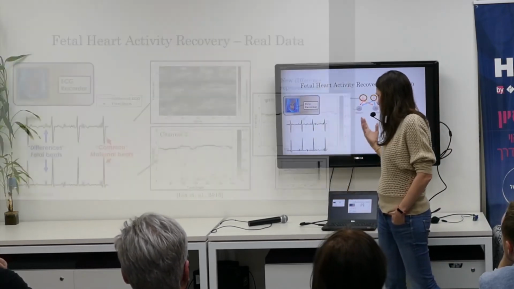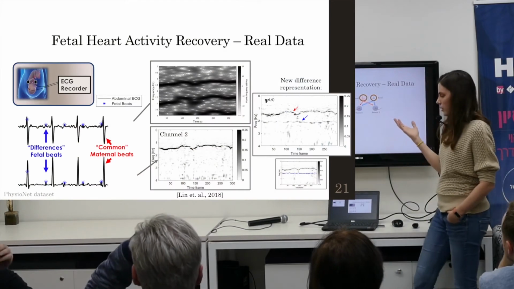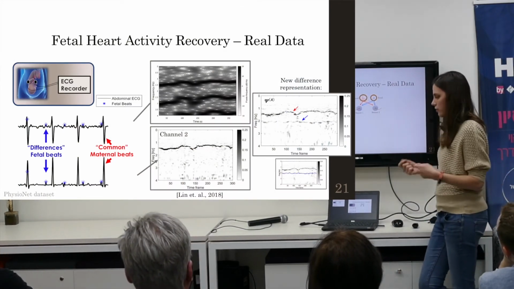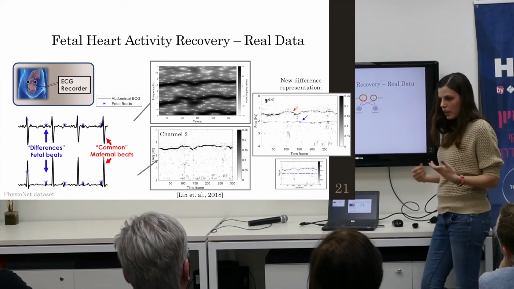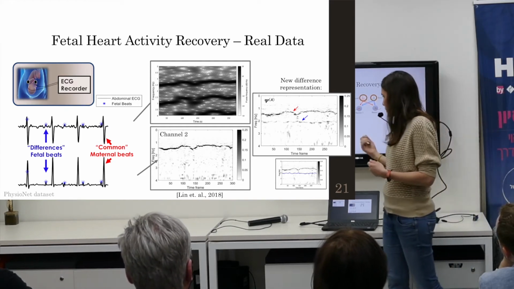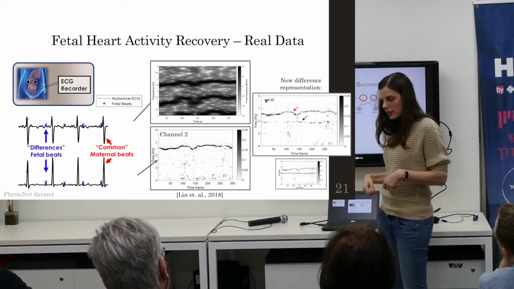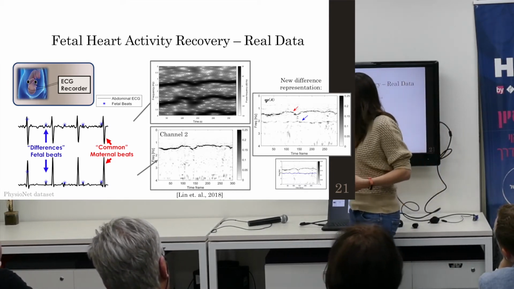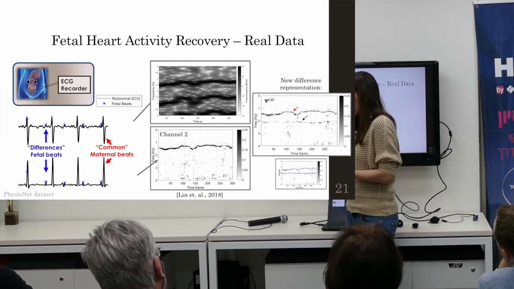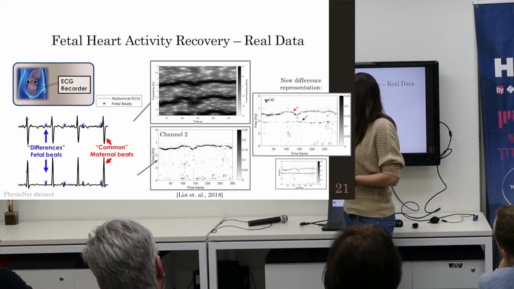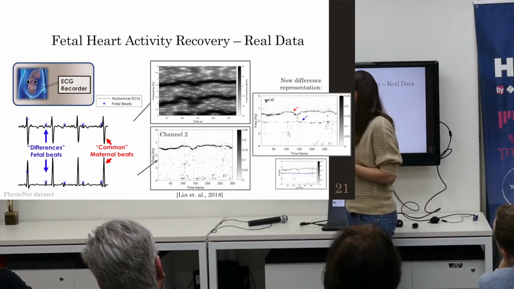And then we went to real data, which we took from PhysioNet. This data is measured from two sensors located on the abdomen of pregnant women, but we don't know where exactly each measurement is located, so it can vary. And the maternal heart activity can also vary, as we can see here, that the two maternal beats are also from different views.